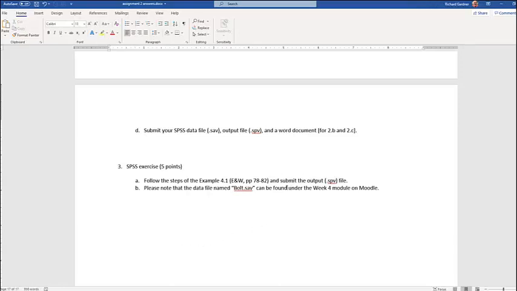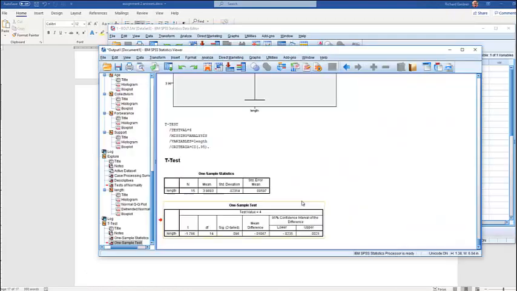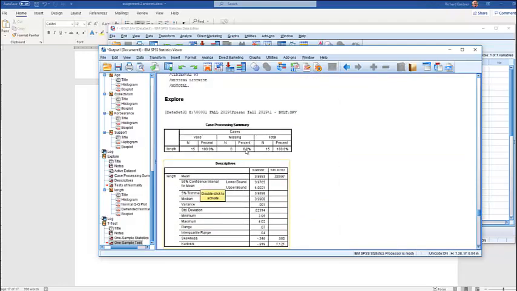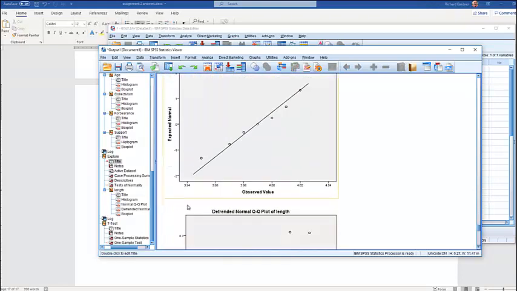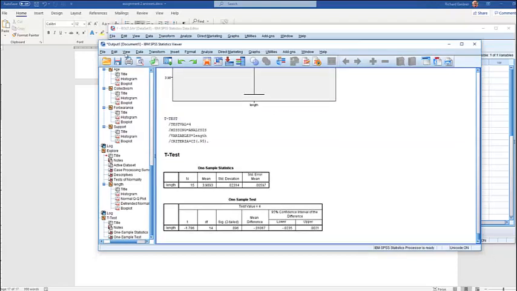So with the output file, you might want to make a copy and delete all the extra stuff from the first one. So for this last question, your output file should have just the test of normality and this. That right here should be question 3 only. But if she wants to see it all, I would say, go ahead, give it to her.